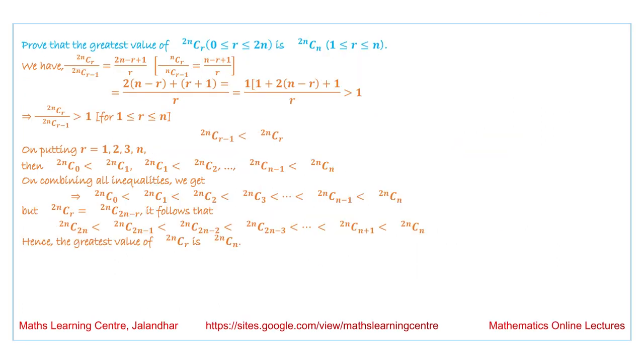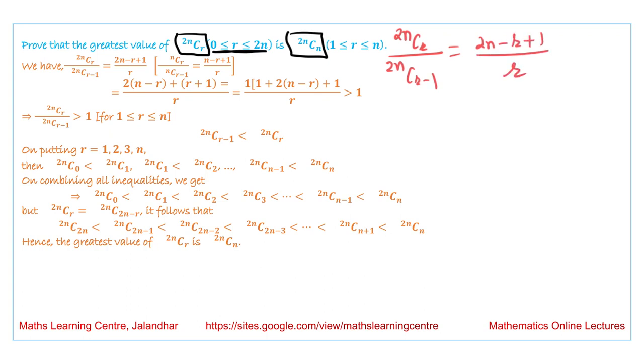Next is to prove that the greatest value of 2nCr, where r is varying from 0 to 2n, is 2nCn. This we have to prove. To prove this result, we find the ratio of 2nCr divided by 2nC(r minus 1). We know that the value of this is equal to (2n minus r plus 1) divided by r. We are using this formula, which we have already proved.